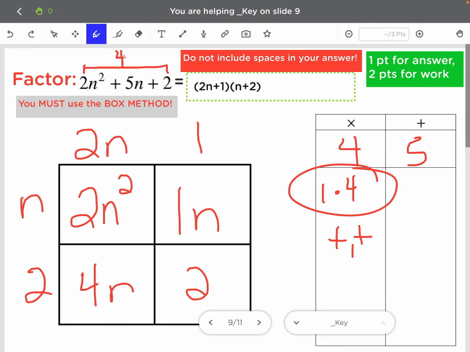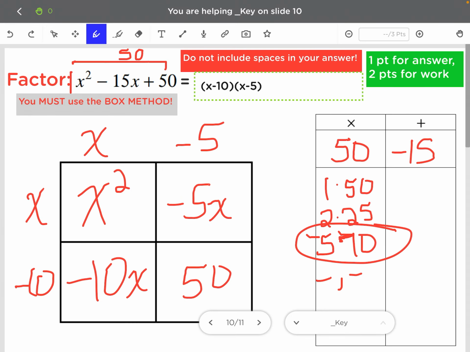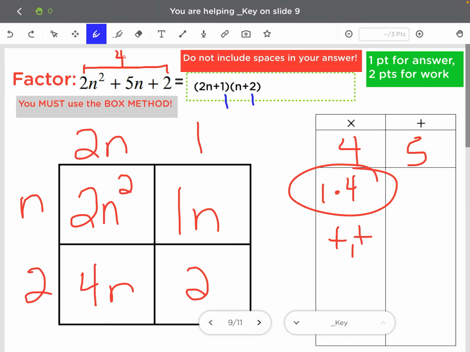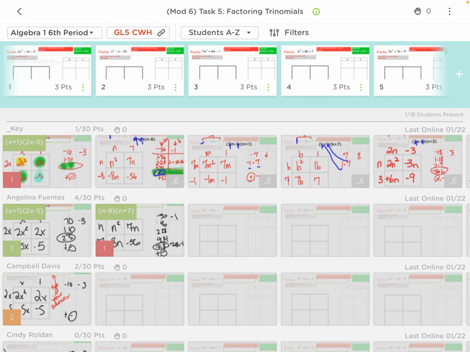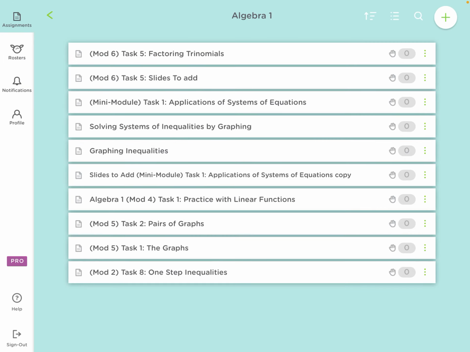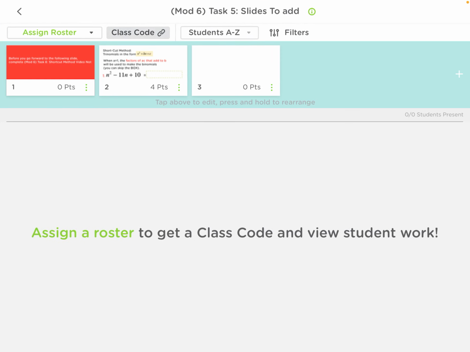And then leading coefficient of 2, again, my two numbers did not end up being the ones that were there. One of them did, but not the other. And then leading coefficient of 1, my two numbers, -5 and -10, ended up being the two numbers that went there. So that's what's going to happen anytime your leading coefficient is 1.